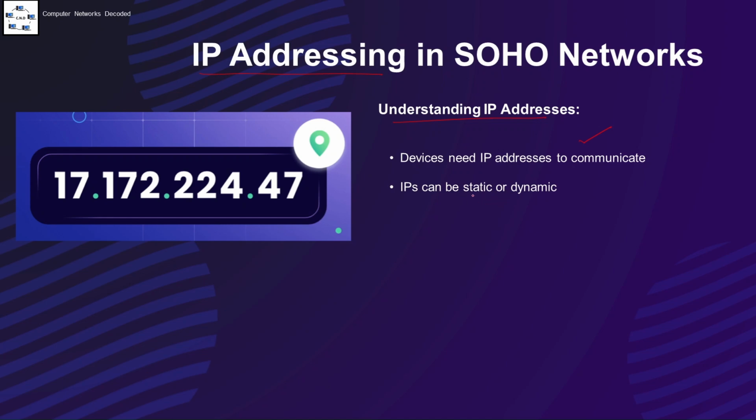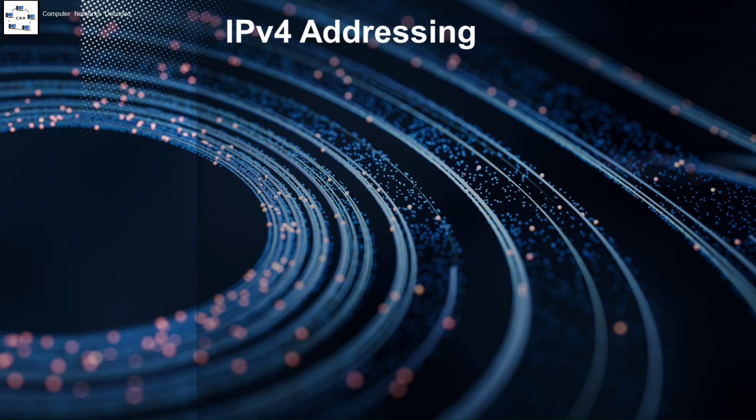And the IPs can be manually or statically assigned to the devices, or they can be assigned through DHCP dynamically. So the IP can be IP version 4, IP version 6, and APIPA. So we will study all these concepts in a while. All these concepts play a vital role inside our SOHO networks.